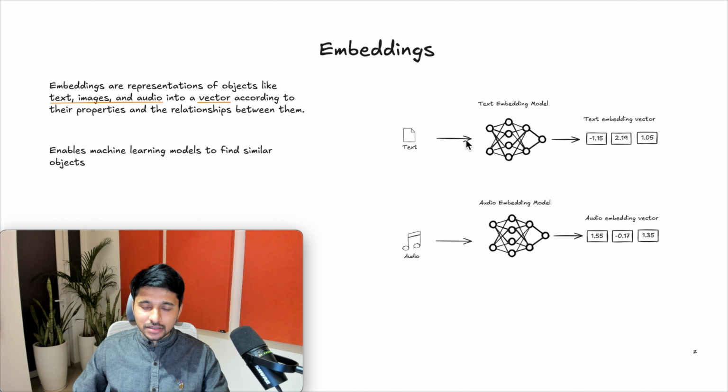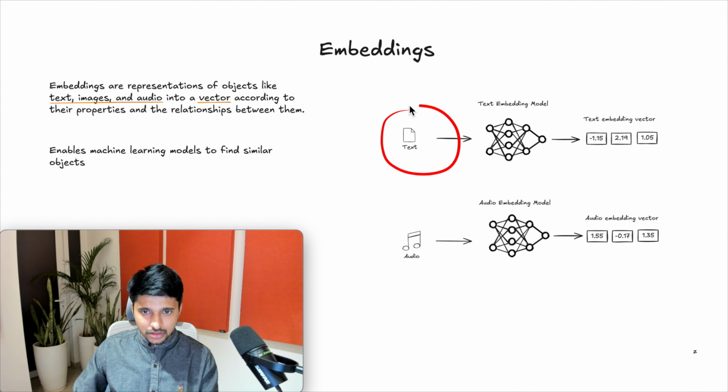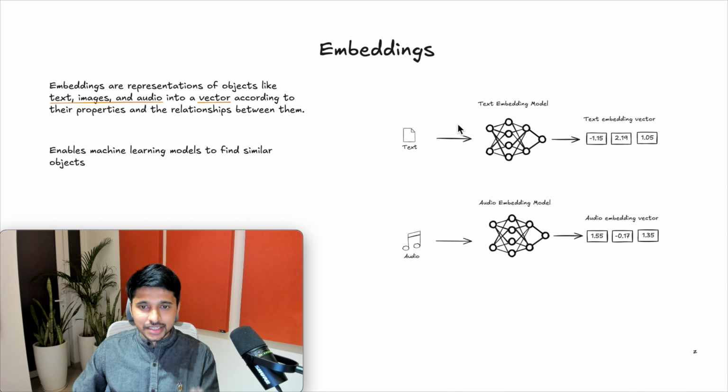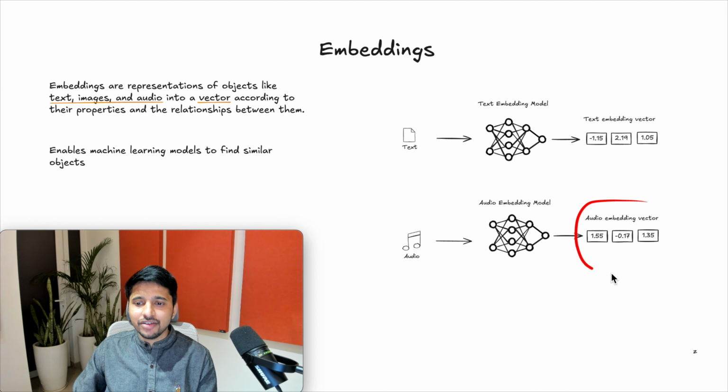For that, if you see on the screen right now, we have the text embedding model and the audio embedding model. What we will do is pass the text, the document data, in this model, and it will give you a vector representation for that. Similarly, if we have some audio, we can pass it through the embedding model, and again we will get an audio embedding vector like this.